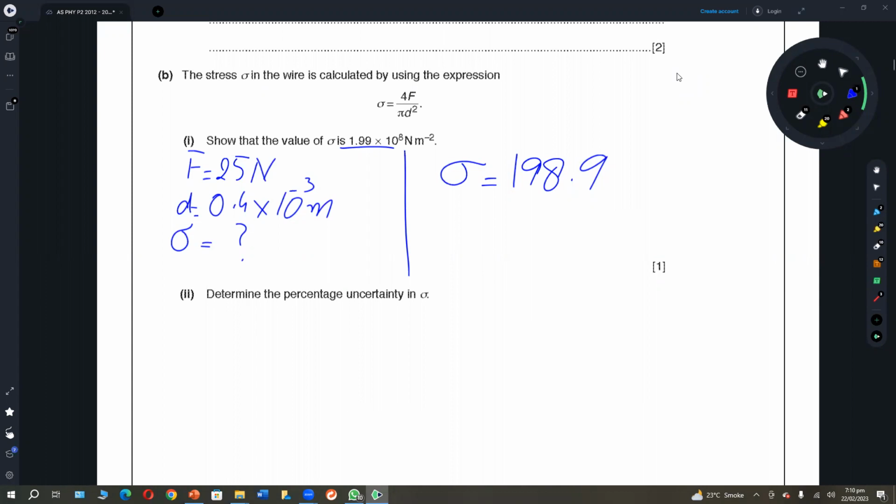Now I'm getting the same answer. First, I think I didn't convert it from millimeter to meter. Okay, good.